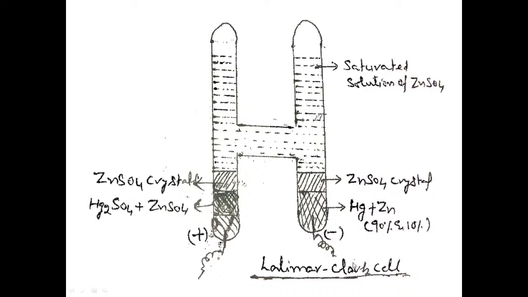So the only difference is that in the cadmium cell you are having cadmium sulfate, here you are having zinc sulfate, and the positive electrode is the same. It was mercury in the case of the cadmium cell, and here also it is mercury, but the negative electrode here is zinc amalgam, and in the cadmium cell we were having an amalgam of cadmium.